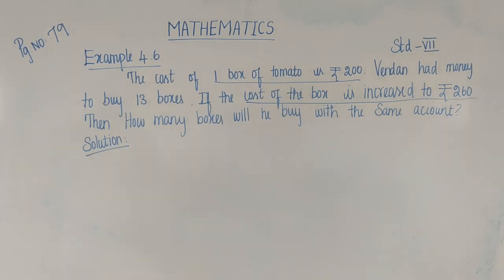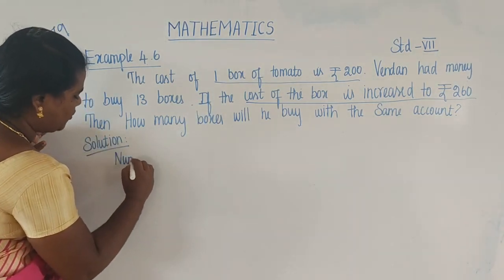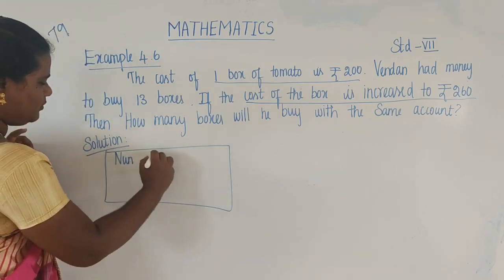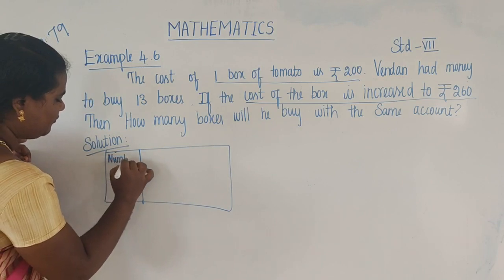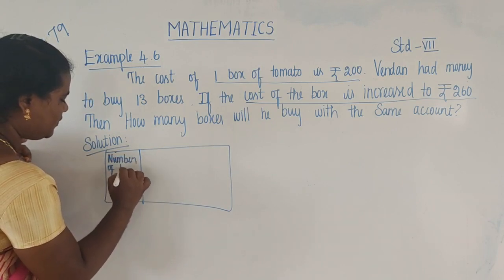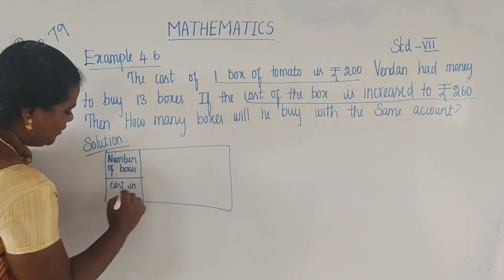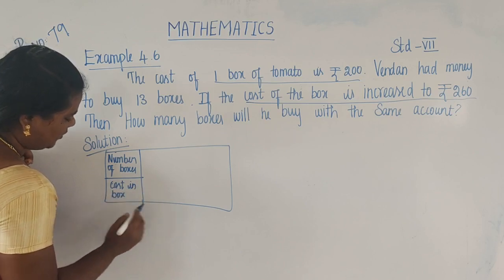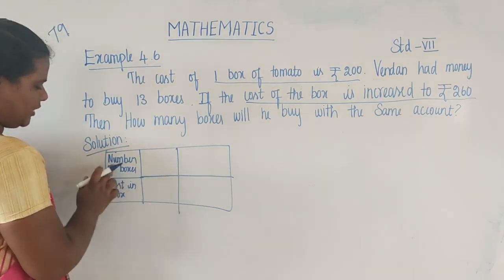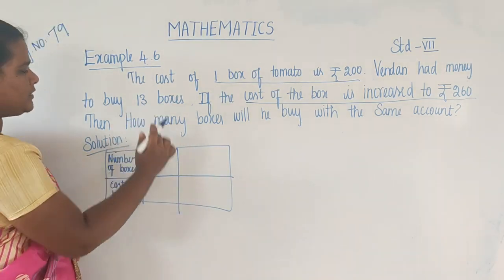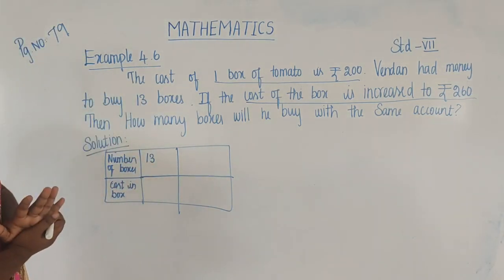How? First, draw a table: number of boxes and cost in rupees. First, the number of boxes is 13, since Vendan had money to buy 13 boxes.